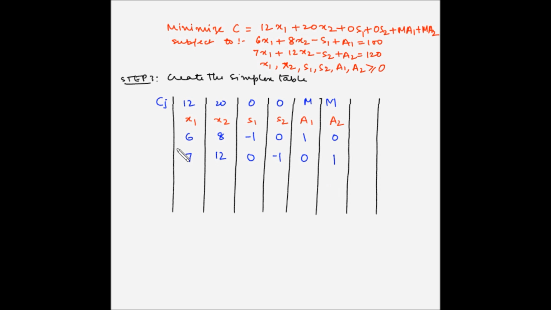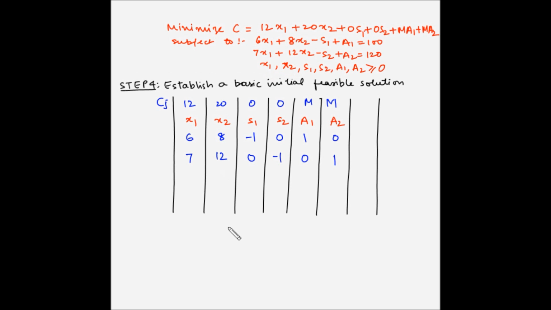Now there are some more columns to be added to this simplex table, which can be added after establishing a basic initial feasible solution. So let's move to the next step, where we will establish the basic initial feasible solution. Since we are using the artificial variables, in order to establish a basic initial feasible solution, we will consider x1, x2, s1 and s2 equal to 0.